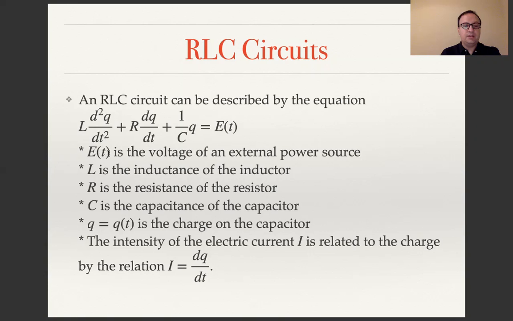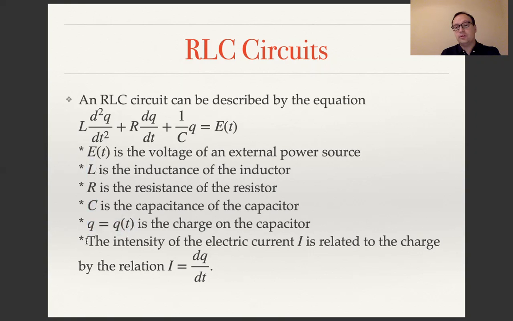Here E of t is the voltage of the external power source, L is the inductance of the inductor, R is the resistance of the resistor, C is the capacitance of the capacitor, and Q is the charge stored on the capacitor.